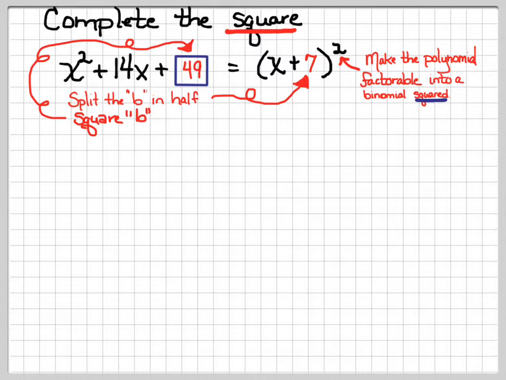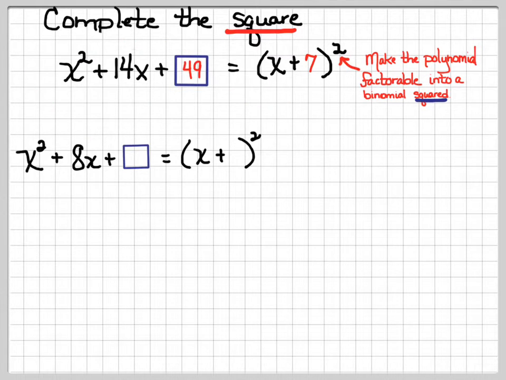And again, now if you look at this, how do you factor this? It's going to be factors of 49 that add to 14, which are x plus 7 and x plus 7. All right, so this thread runs straight through all of these questions. So again, this shows you that x plus 7 squared gives you the following trinomial.